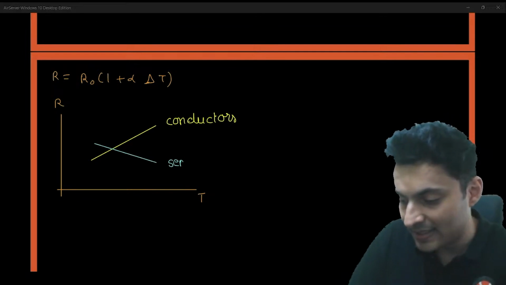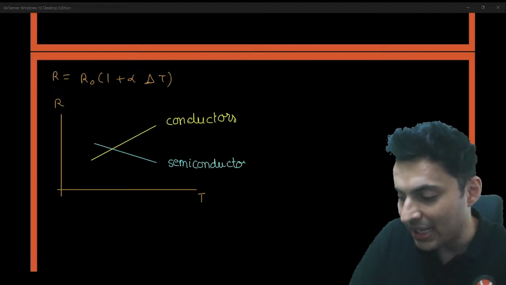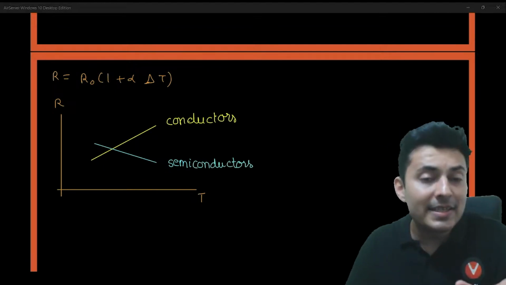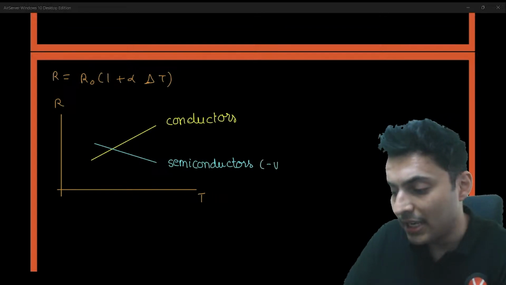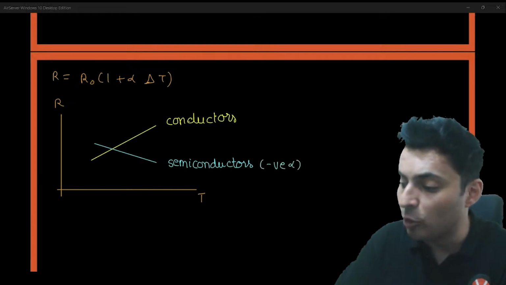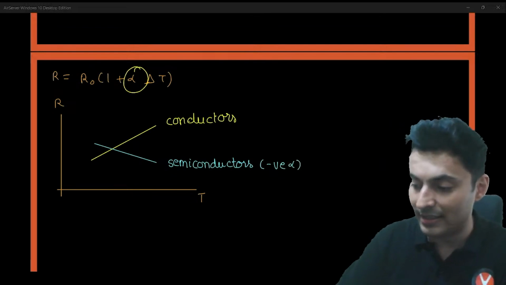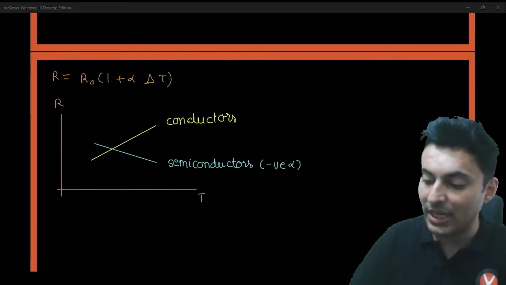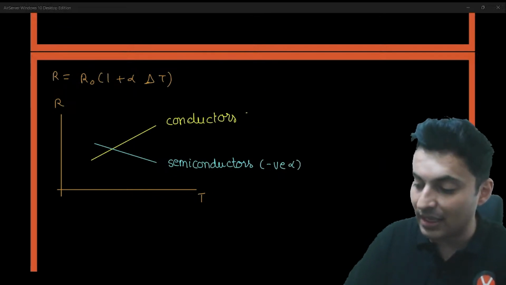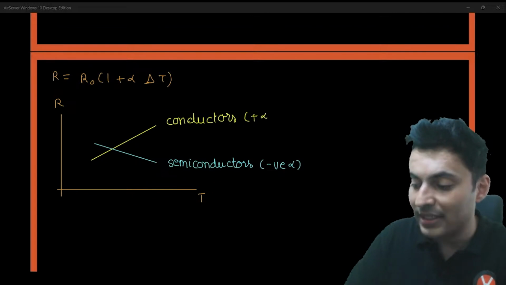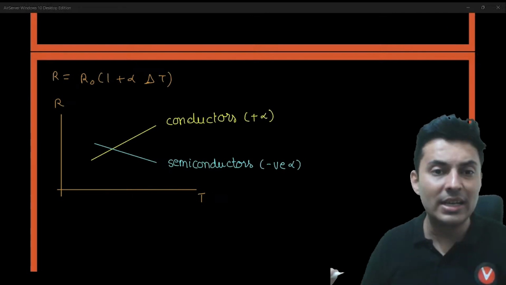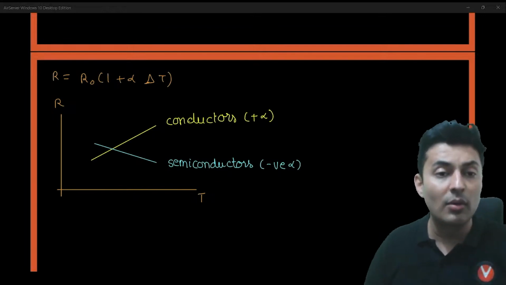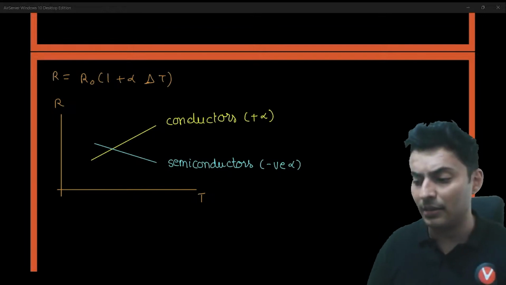It is downwards. Meaning when you increase the temperature, the resistance decreases. So they have negative alpha, negative temperature coefficient of resistance. Whereas for conductors, when you increase the temperature, the resistance increases. So they have positive values of alpha. So the graphs' slopes are different. For conductors, it is positive. For semiconductors, it is negative.